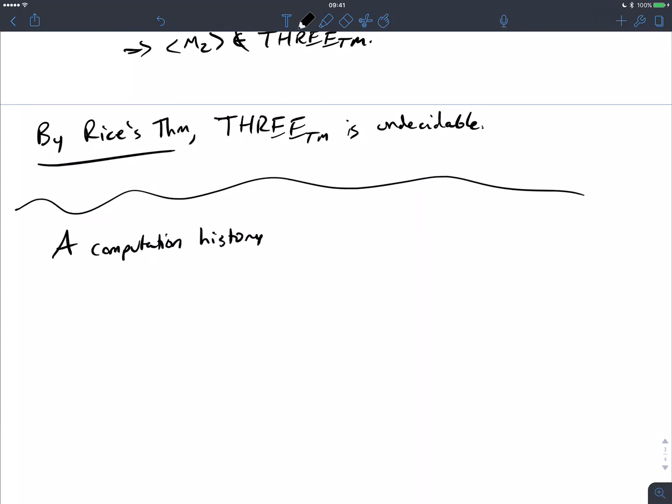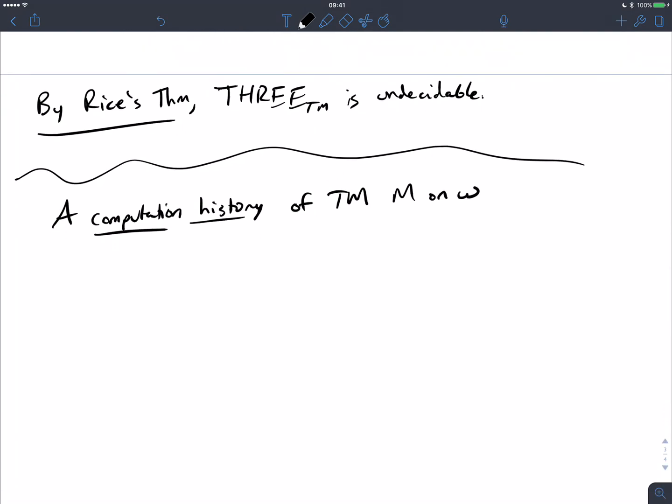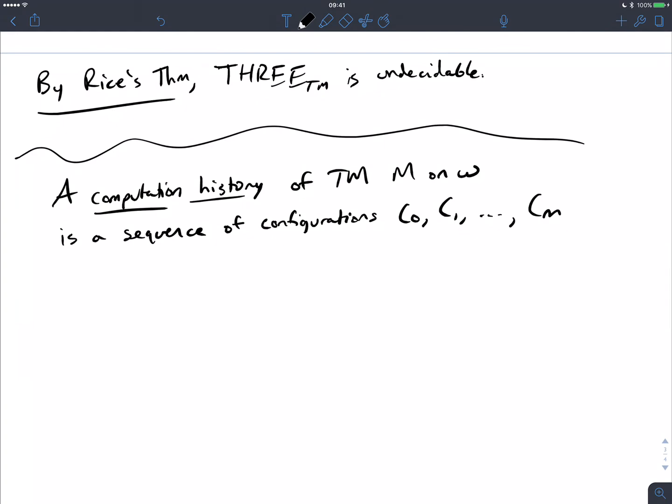So, what we're going to define, a computation history of Turing machine M on w is a sequence of configurations, C0, C1, let's say Cm is the last one. This is just like when we talked about yields for the computations of Turing machines on inputs before.